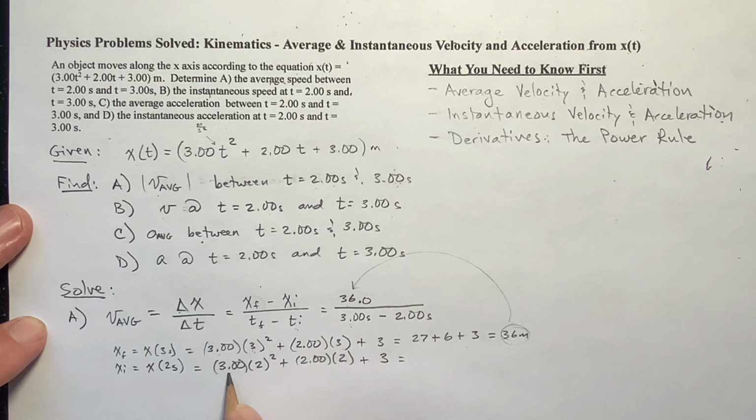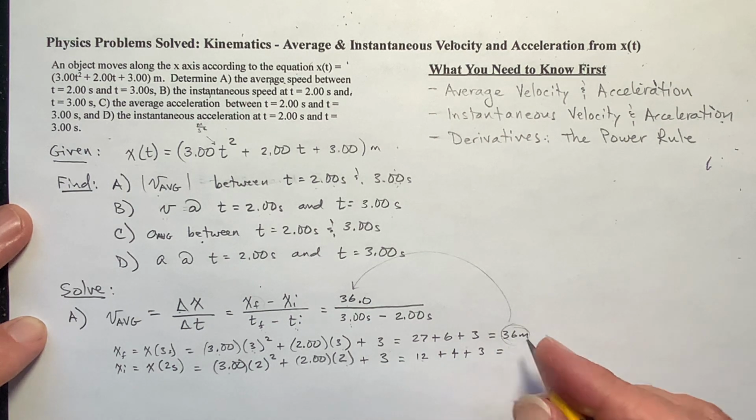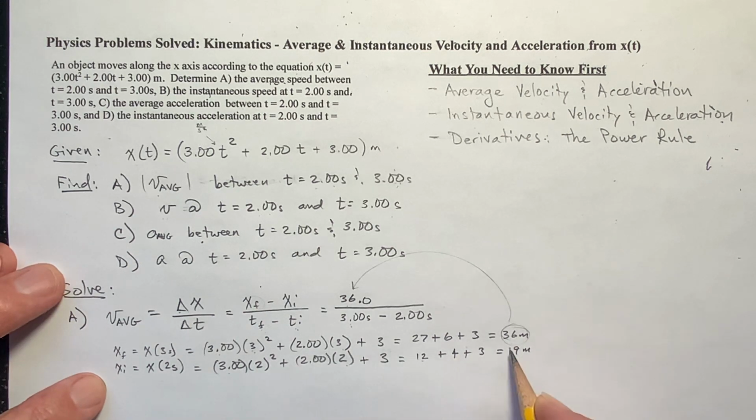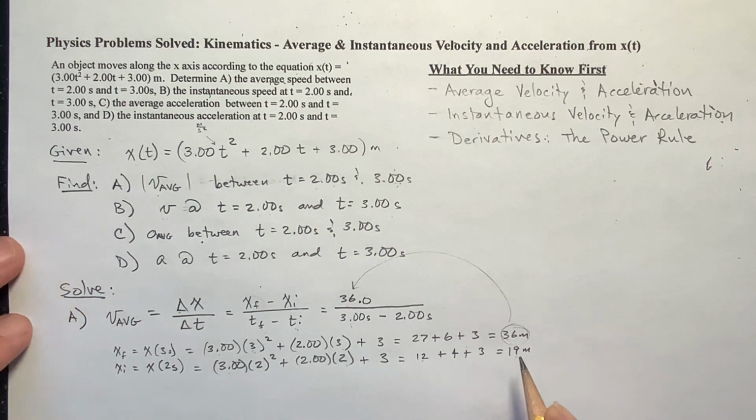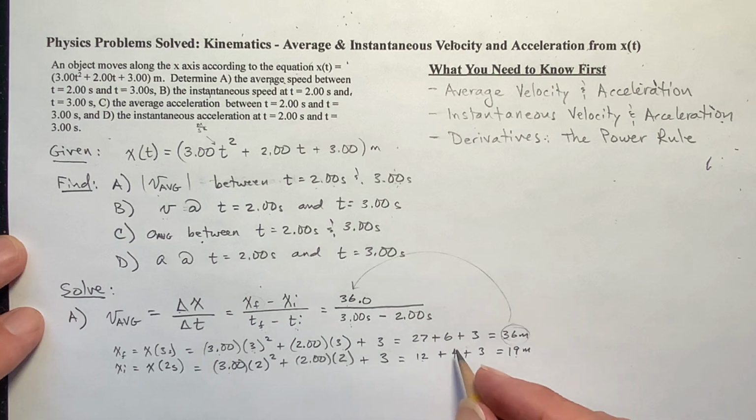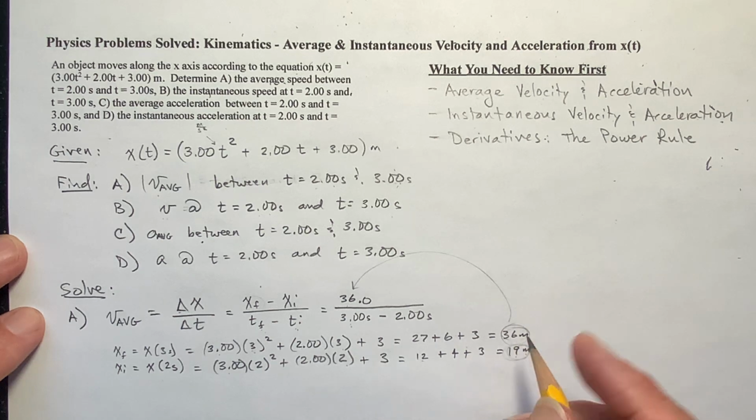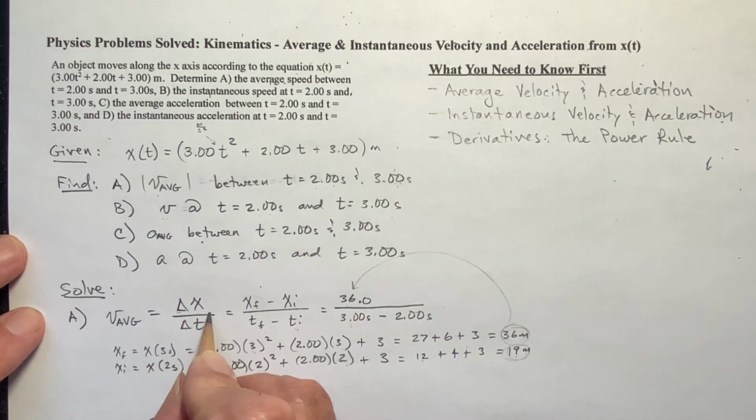So this is 3 times 4, that's 12, plus 2 times 2 is 4, plus 3, so that's 16 plus 3 is 19. So my position at 2 seconds was 19 meters. Now we're going to subtract this initial position from this final position to get my change in position.